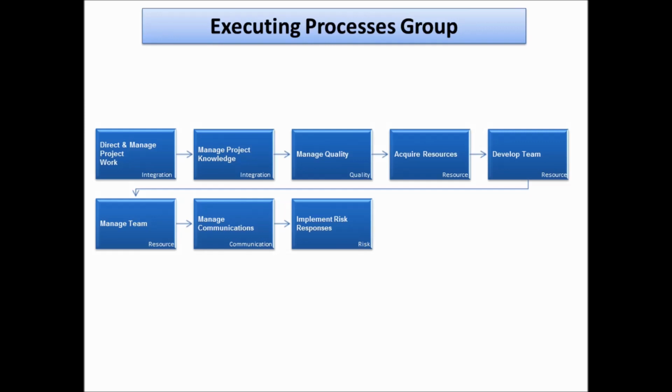As the name says, we plan for the responses during the planning process group, and here during execution, we execute what we have planned. For example, we had planned to buy the insurance, let's say, and this is where we actually go ahead and purchase the insurance. Likewise, all those actions identified in the risk register are performed in this process.